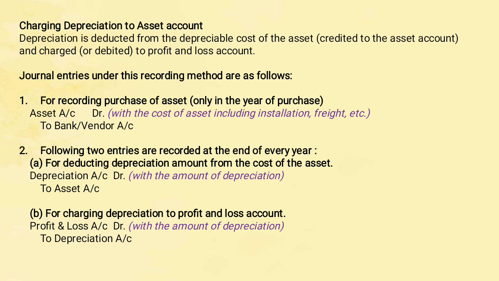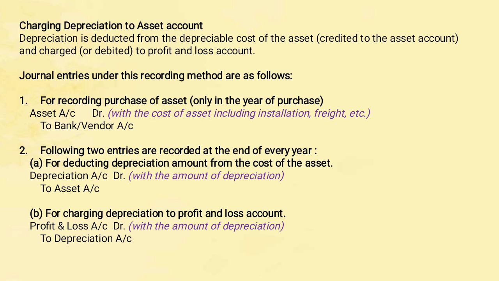Before that we have to check some journal entries, as before charging depreciation we need to purchase that asset. Once you purchase any asset, we have to pass an entry, that is assets account debit to bank account.